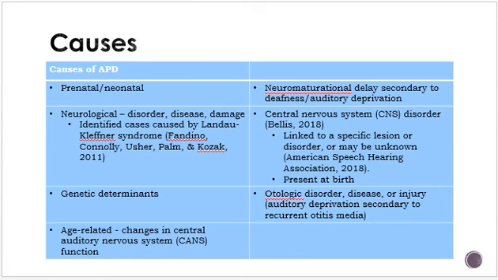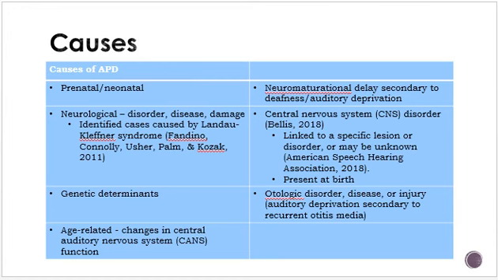Causes of APD. There can be prenatal and neonatal causes, and neurological causes from disorders, diseases, or damage. There are identified cases caused by Landau-Kleffner syndrome. Landau-Kleffner syndrome is a childhood acquired epileptic aphasia occurring between the ages of 3 and 10.